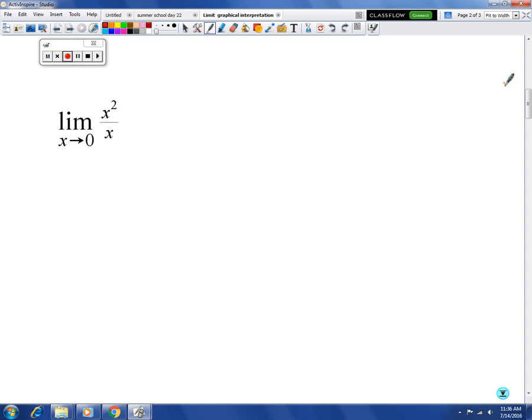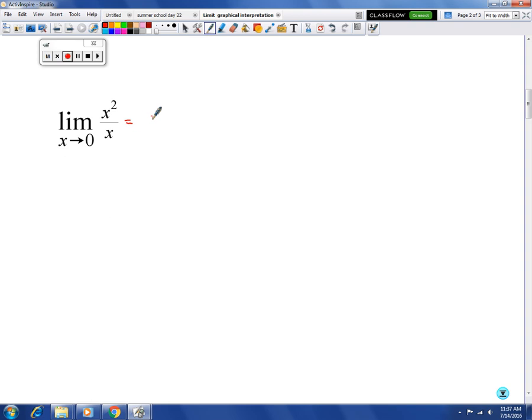Now, this limit will sometimes get students. It's actually a very simple limit because, first of all, when you substitute 0, we'll get a 0 over 0. So we can't substitute directly.